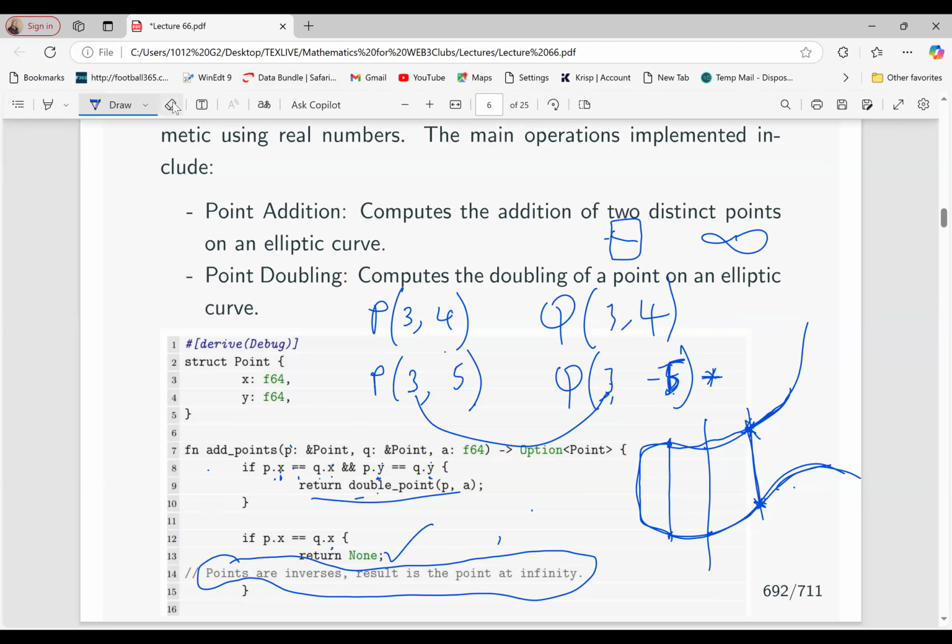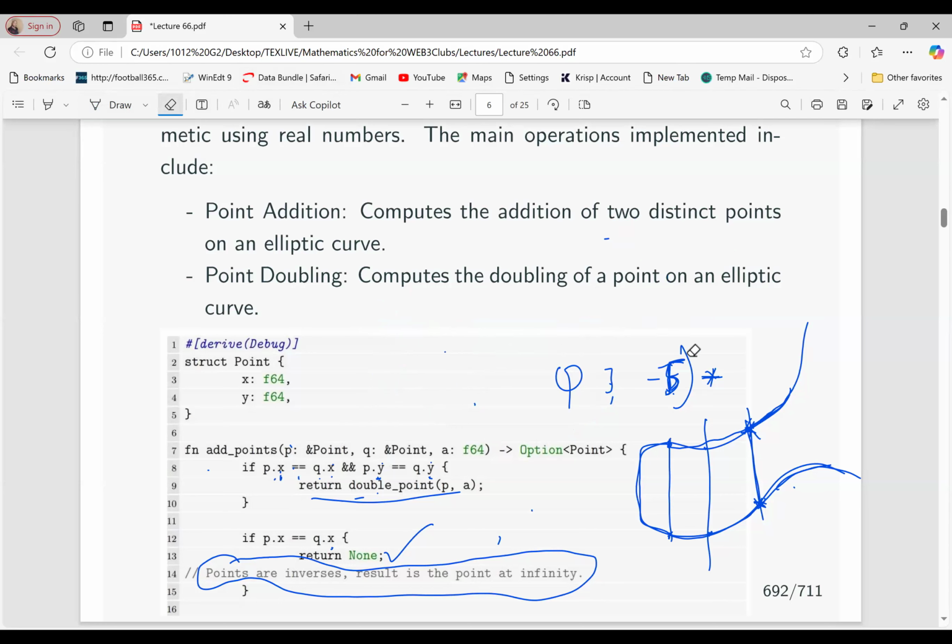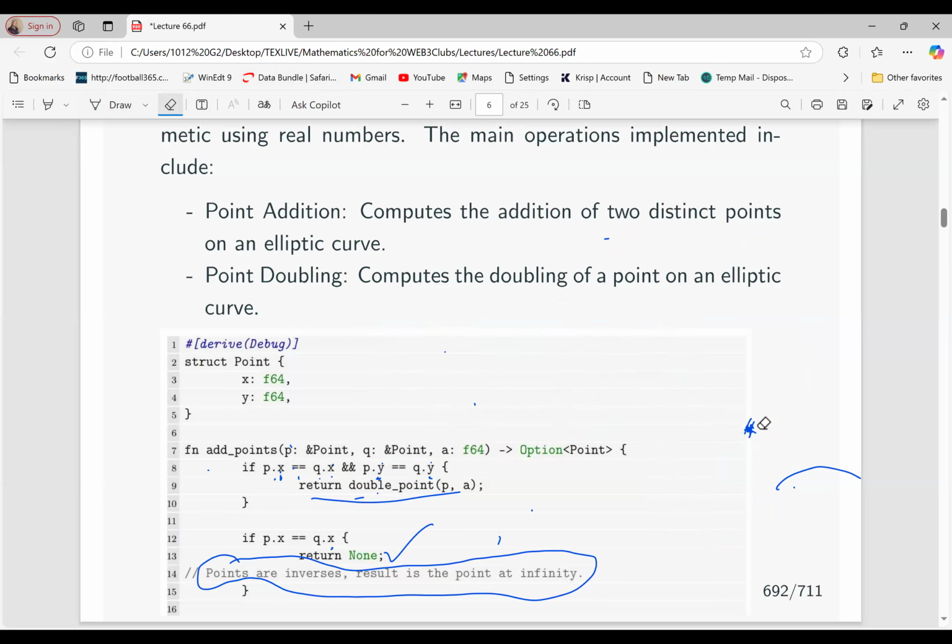That's a point I just wanted to emphasize again before we proceed, so that you understand what an elliptic curve is. The elliptic curve is just this curve. If we have a vertical line, only 2 points are on that vertical line, and they're therefore inverses of each other.